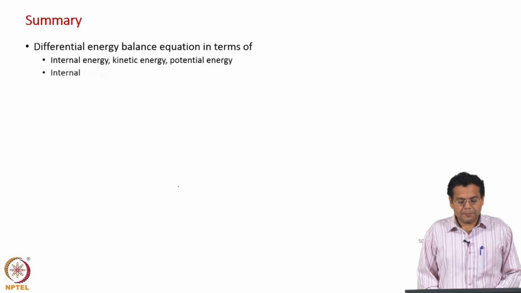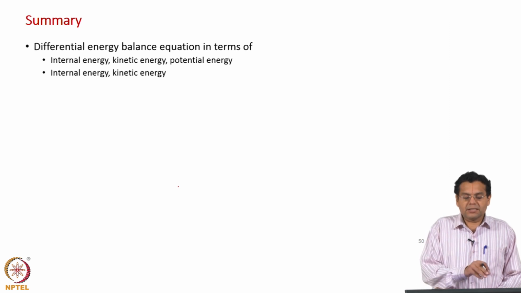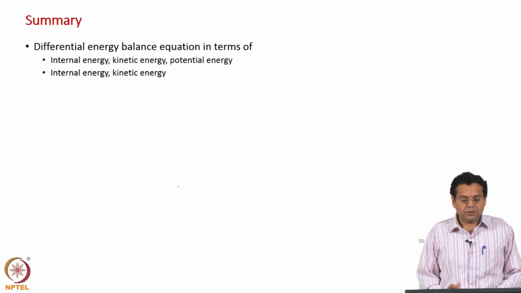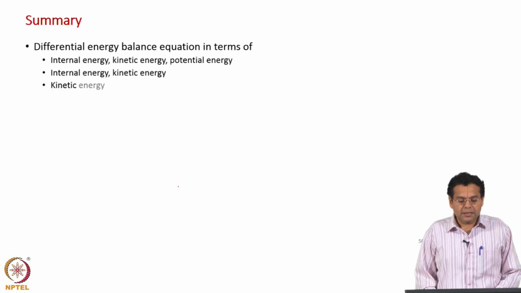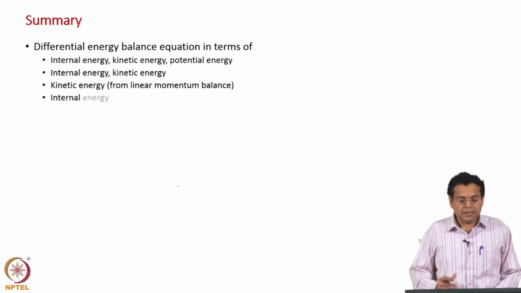In this lecture, we took the effect of gravity from potential energy on the left hand side to work done on the right hand side, so that we could get a differential energy balance equation in terms of internal energy and kinetic energy. Independently, we derived an equation for kinetic energy from the linear momentum balance equation, subtracted these two and got a differential energy balance equation for internal energy.